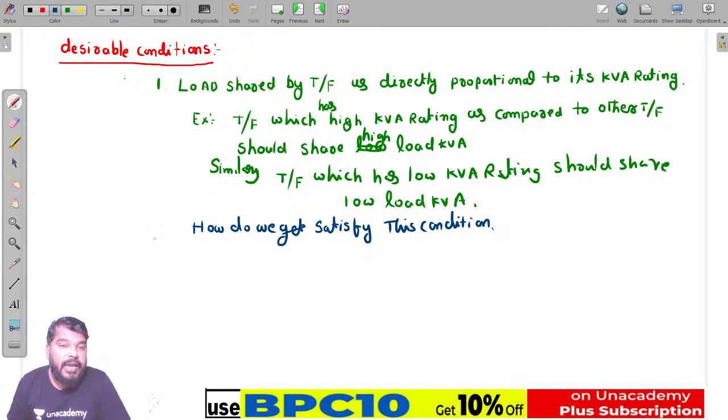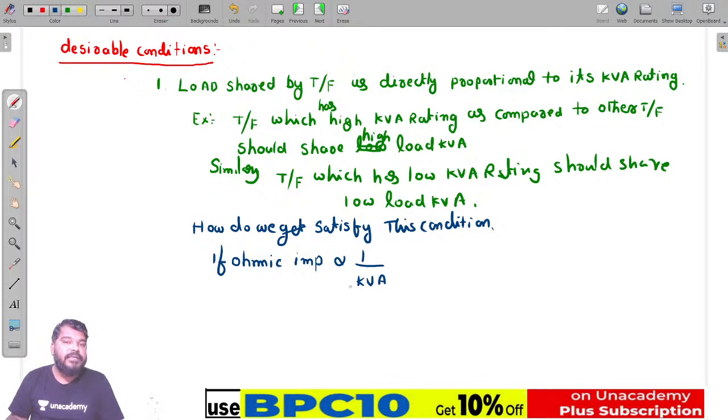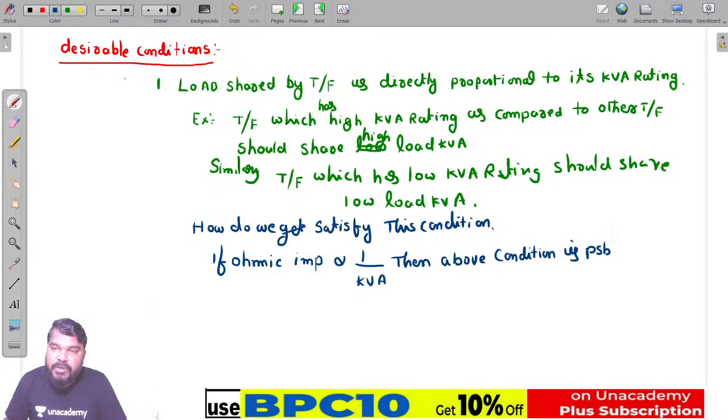So suppose the impedance of the transformer in ohms, that is the ohmic impedance of the transformer, is inversely proportional to its kVA rating.